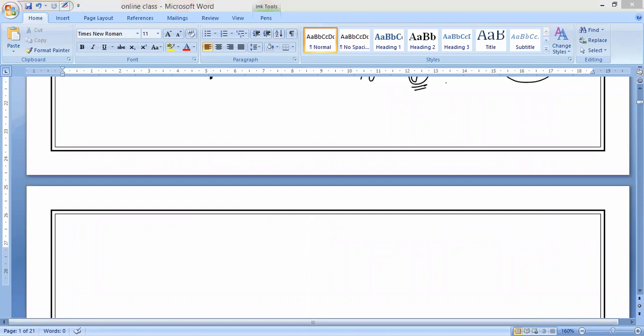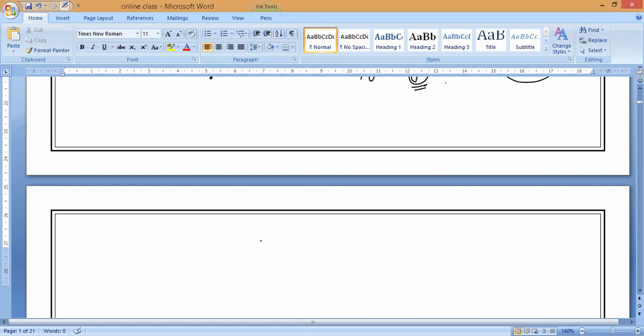So now, how to find this one? Observe very carefully. At the same height h, the relation between them is very simple. That is, g is equal to g naught divided by (1 plus h by r) whole square.